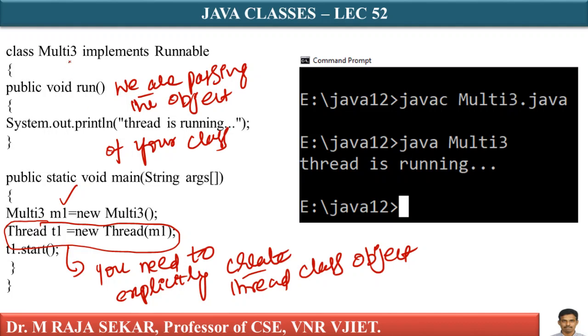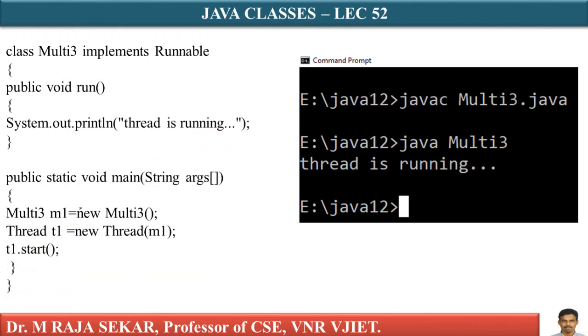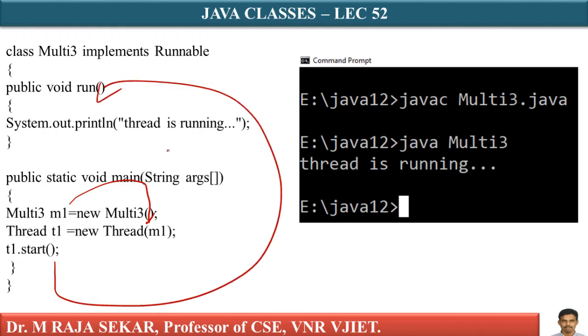Multi3 is the class whose object is m1. We are passing the object of your class that implements runnable, so that your class run method may execute. Just see, Thread t1 equal new Thread, passing this object. t1.start means then only it will go to the run method.